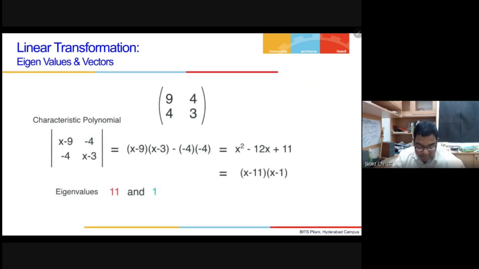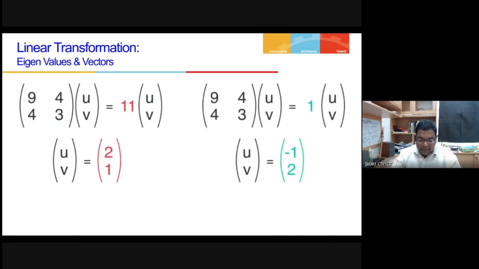For a given matrix, how do I calculate the eigenvectors and eigenvalues? You take the characteristic polynomial, you multiply the diagonals, right? You find the determinant of the matrix, and for the determinant, you get the quadratic equation, and you take the roots of the quadratic equation, and you substitute the roots, and you get the eigenvalues.